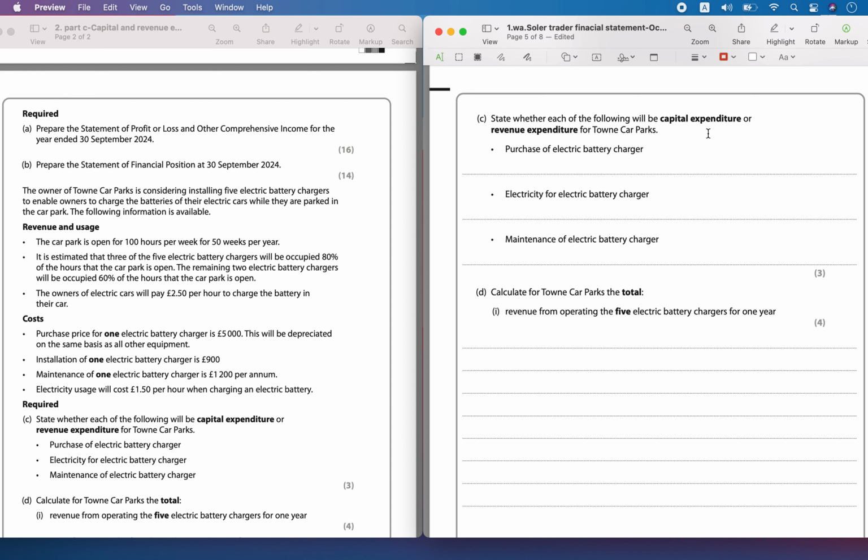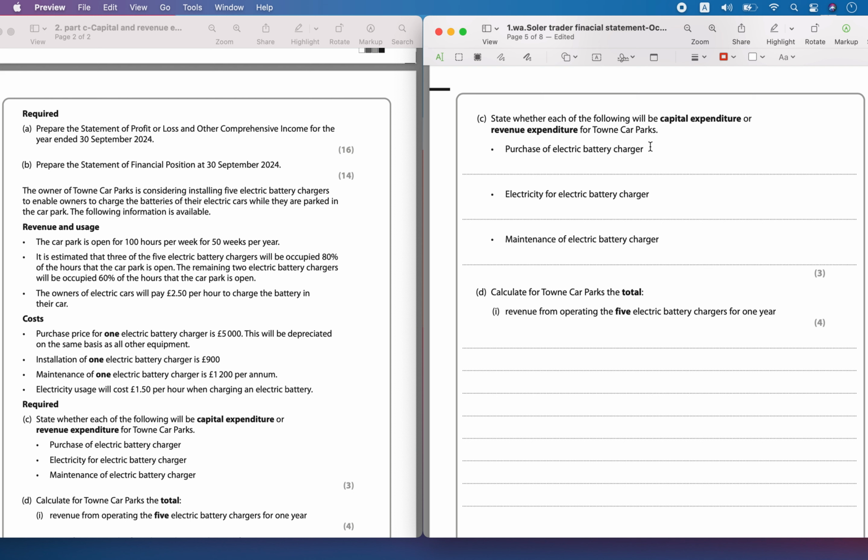So let's solve this. The first one asks whether each of the following will be capital or revenue expenditure. You have to think: if it is an expense in the business, it is going to be called revenue expenditure.